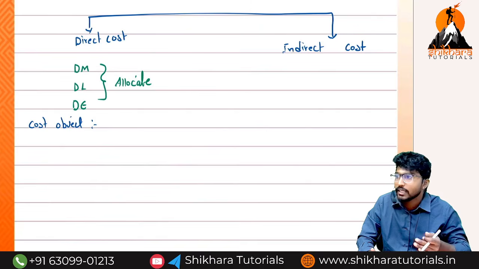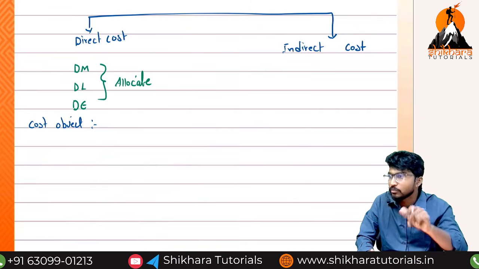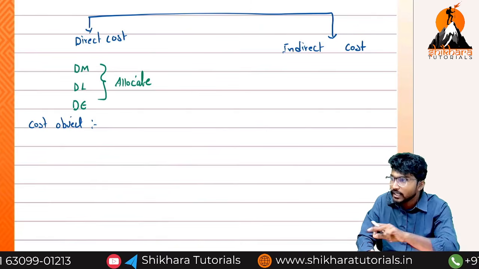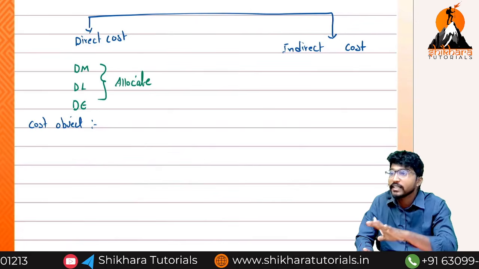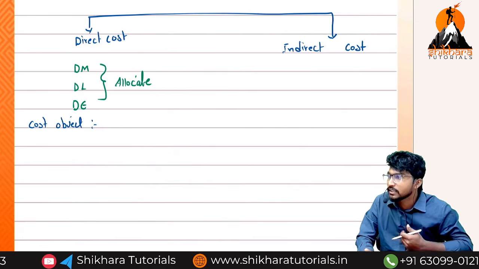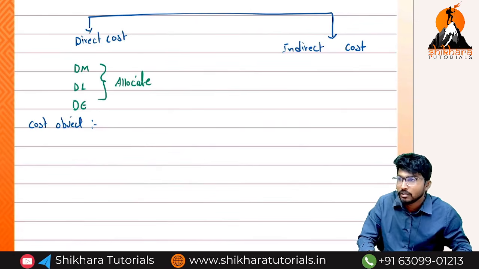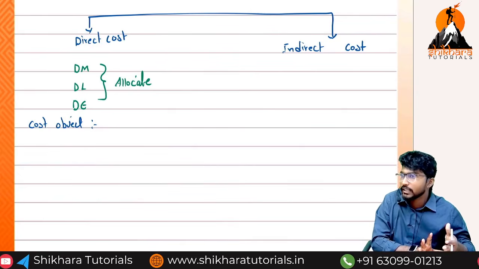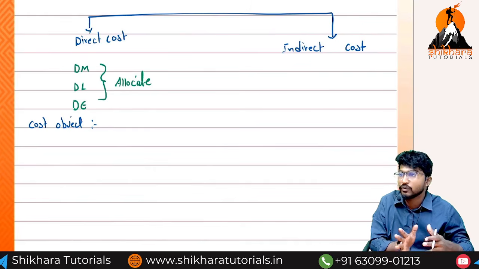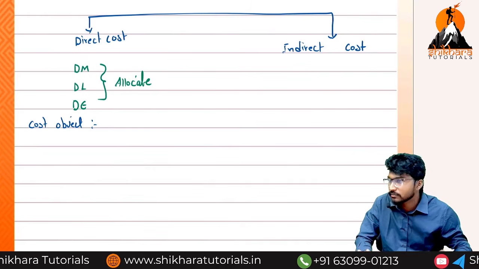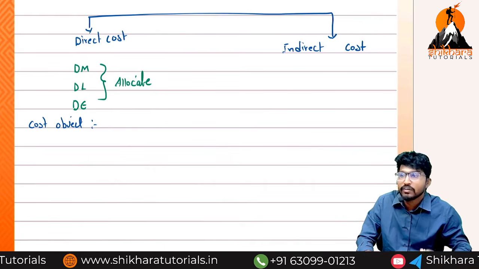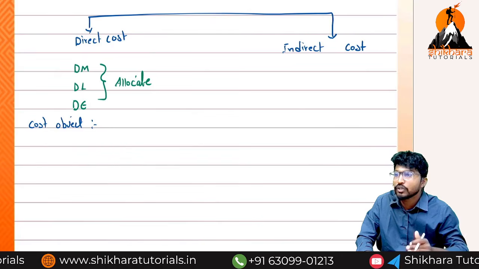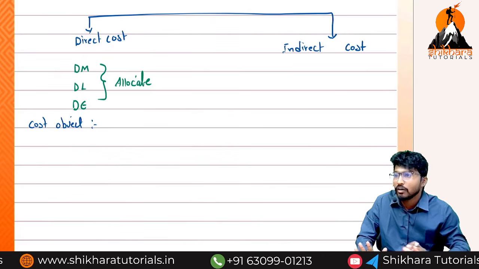If I am calculating the cost for this entire room, then my cost object is this entire room. If I am preparing a cost sheet for this entire building, my cost object is this building. Or if I am preparing a cost sheet for the entire Shikhara Tutorials, then Shikhara Tutorials is my cost object, for which we are measuring the cost.